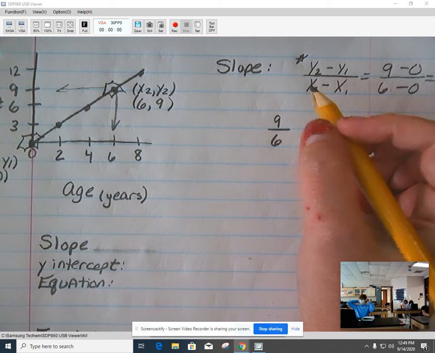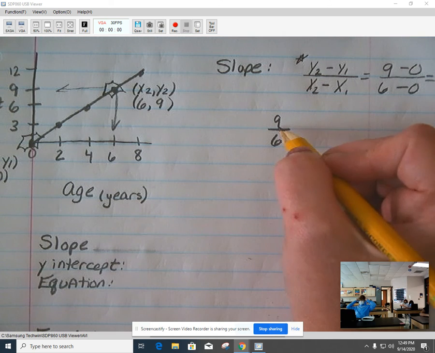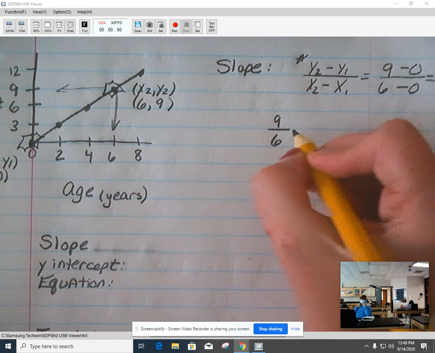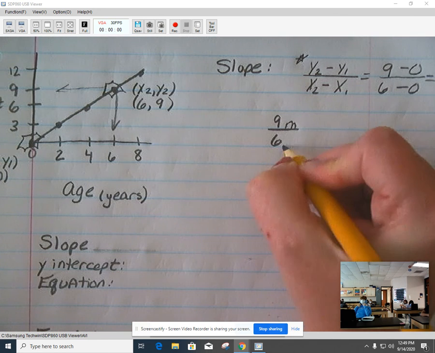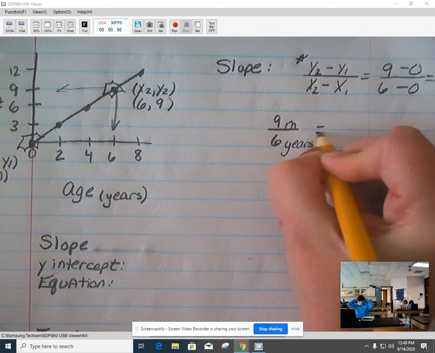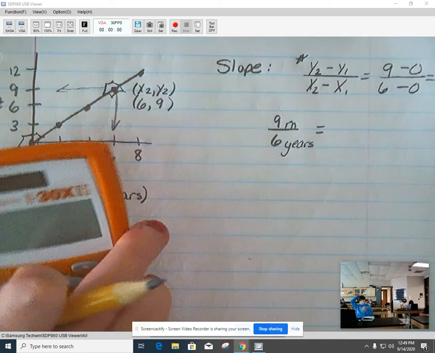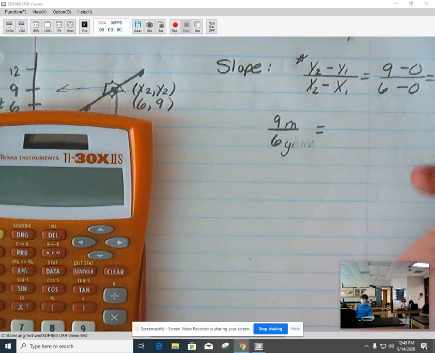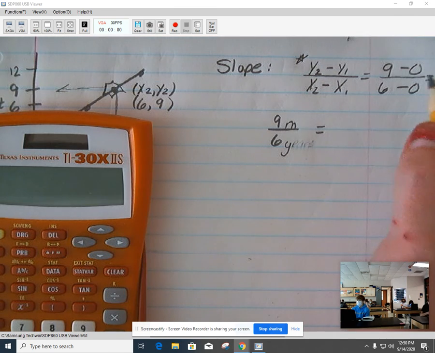And then there's one more thing that we have to add in science. We have to add these units. So 9 meters over 6 years, or 6y if you didn't want to write years down. It doesn't matter.